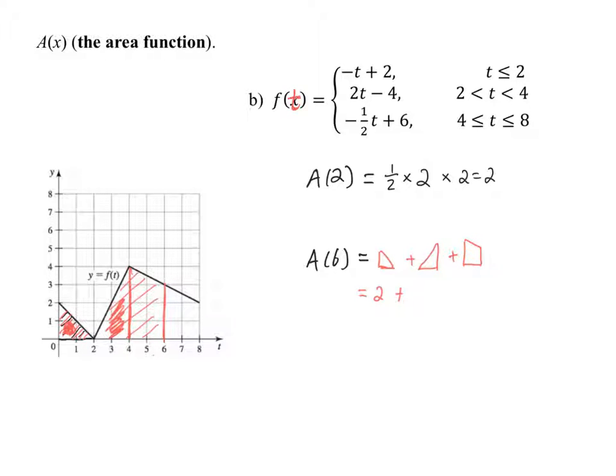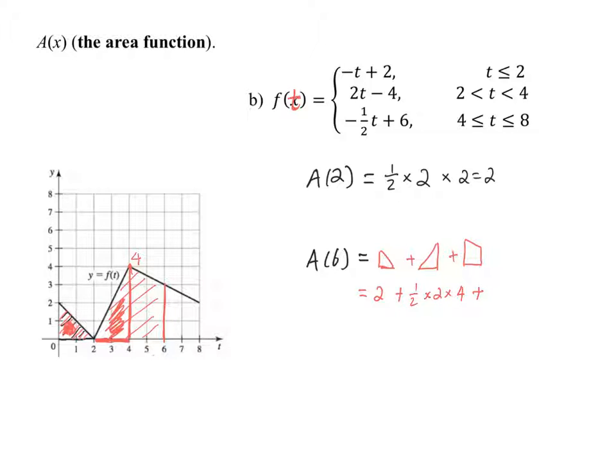When t is 4, this is 2 times 4, which is 8. 8 minus 4 is 4. So I do know when t is 4, this is going to be 4 right here. So it's going to be 1/2 times the base, 4 minus 2, which is 2, times the height, which is 4.